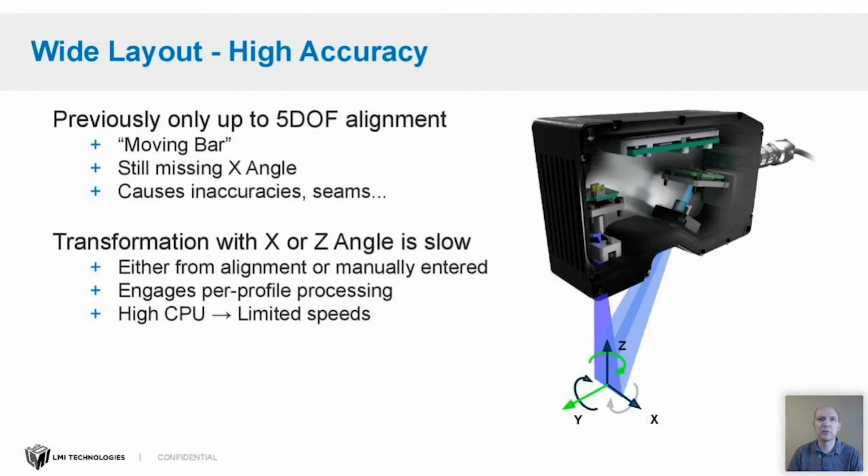The algorithm is different when you have an X or Z angle, just because it involves sampling over multiple profiles to generate one profile that's aligned with the XZ plane. So with that, you will see higher speeds, and that's been another limitation that we've had so far. So these are things that I'm talking about for 6.0 and earlier that have been limitations.